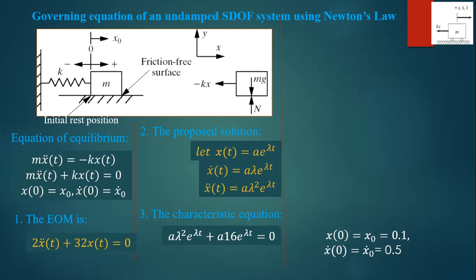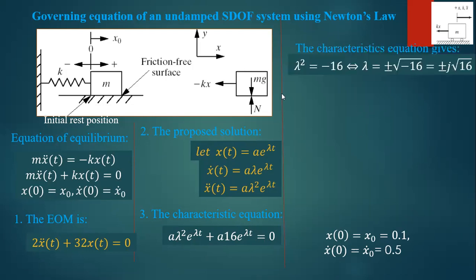So the first derivative x dot is A lambda e to the lambda t, and the second derivative x double dot is A lambda square e to the lambda t. Let's substitute these values into the equation: A lambda square e to the lambda t plus 16 A e to the lambda t equals 0.